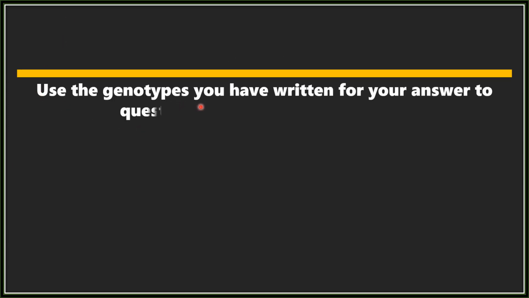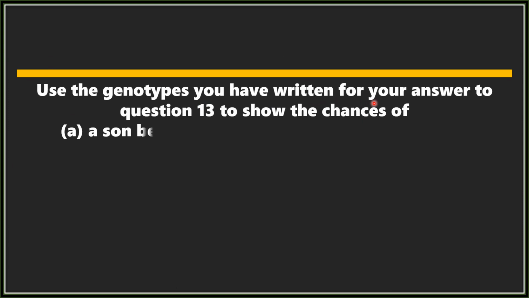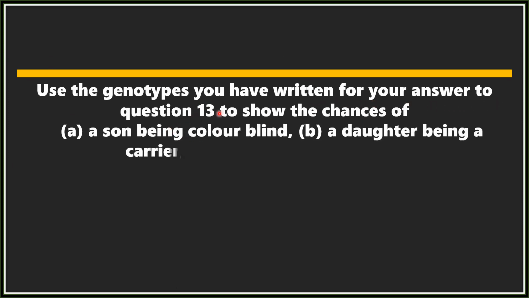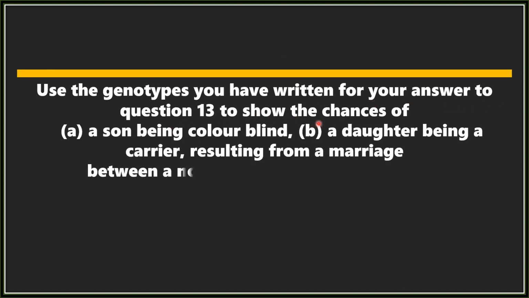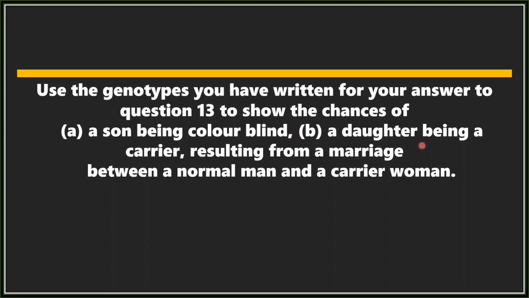Use the genotypes you have written for your answers to the previous question to show the chances of a son being colorblind and a daughter being a carrier, resulting from a marriage between a normal man and a carrier woman.